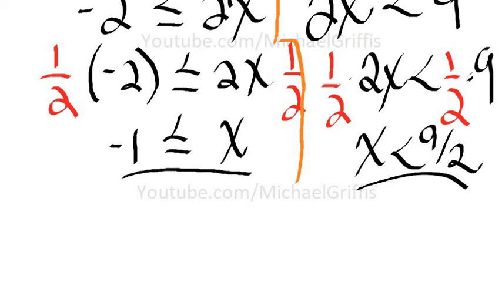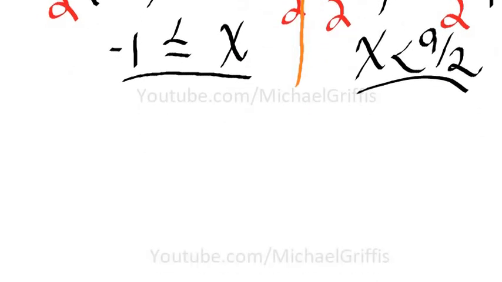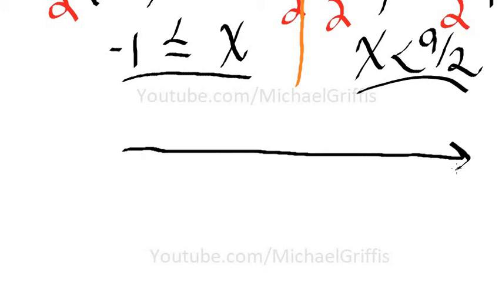All right, let's draw this on a number line so we can get a picture. We have x is greater than negative 1, so let's arbitrarily pick a point right here and call that negative 1. And x is less than 9 halves, so we'll pick a point here for 9 halves.